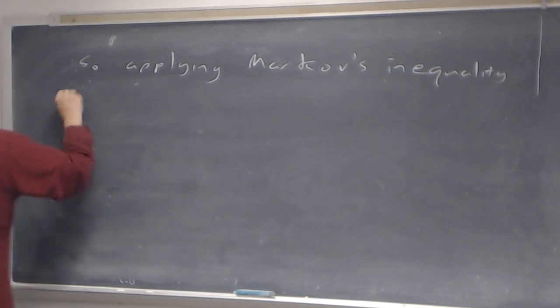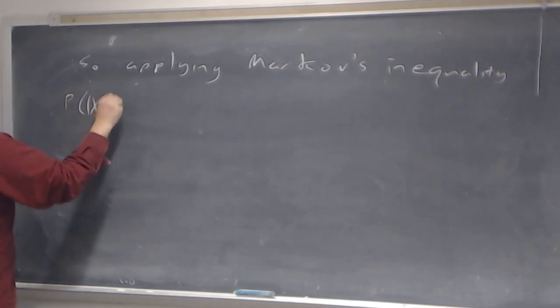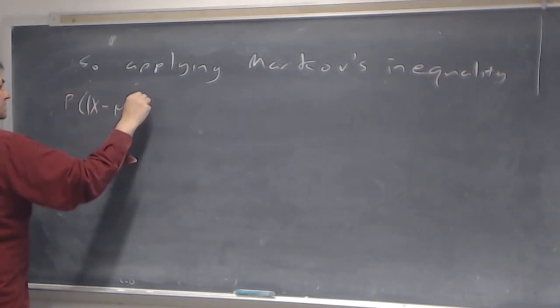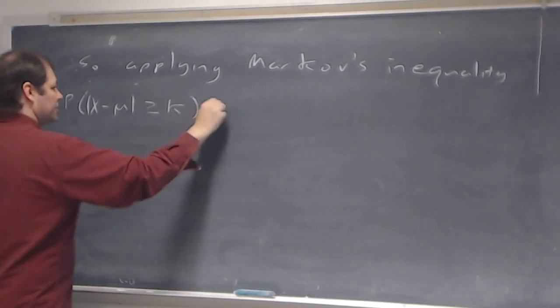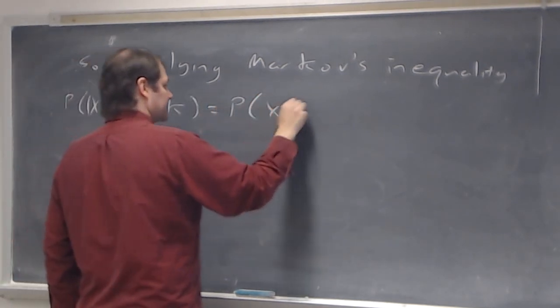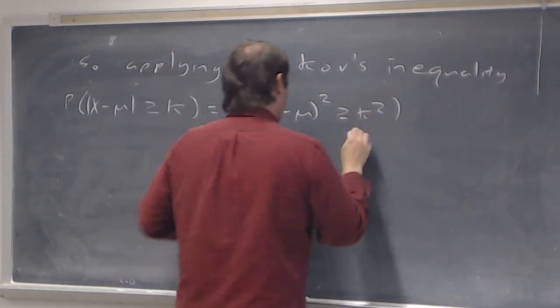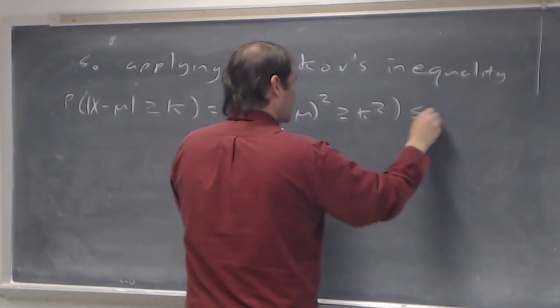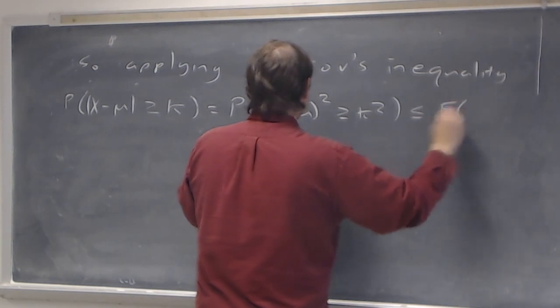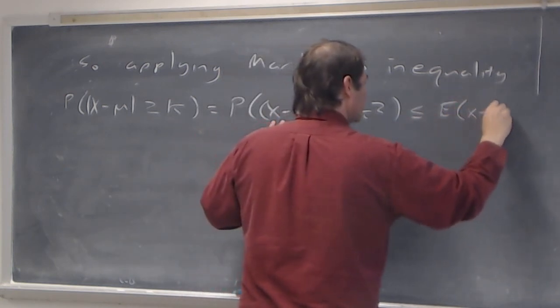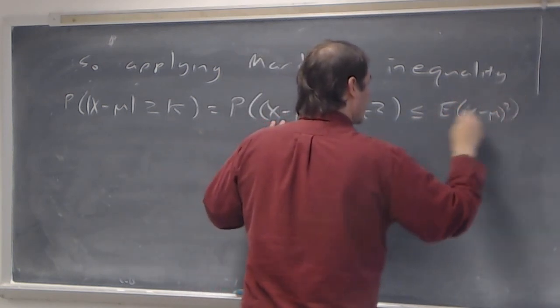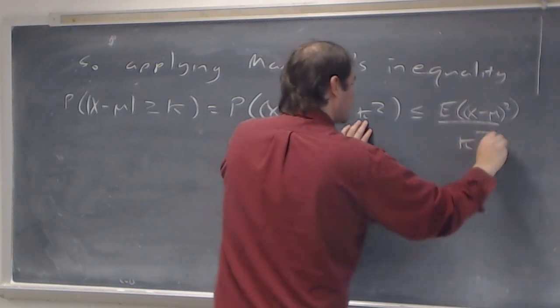So applying Markov's inequality, we have the probability that the absolute value of x minus mu is bigger than or equal to k, which is the same thing we just said, (x minus mu) squared greater than or equal to k squared. Okay, I'm applying Markov's inequality. This is going to be less than or equal to the expected value of this random variable, (x minus mu) squared, over k squared.